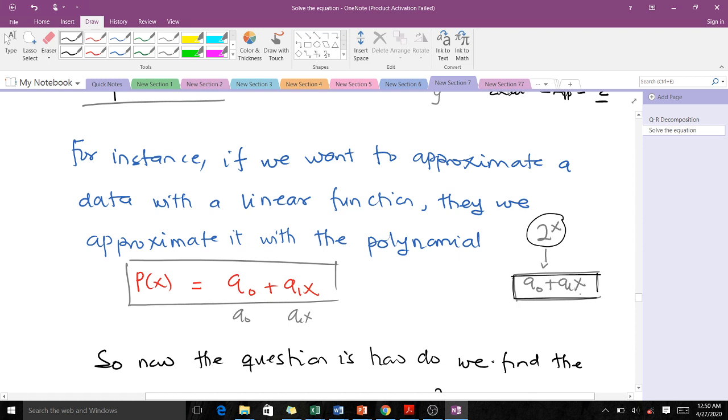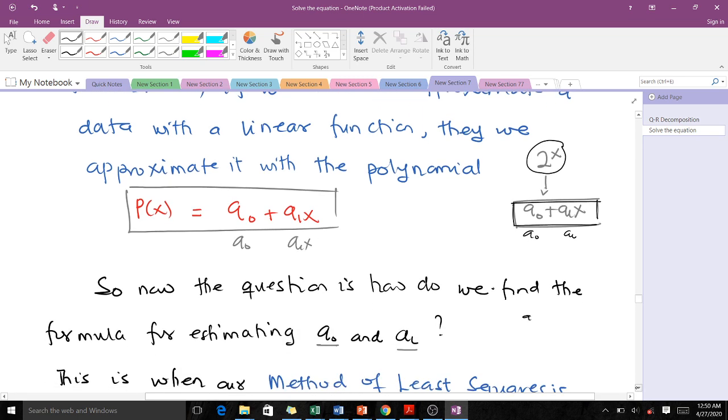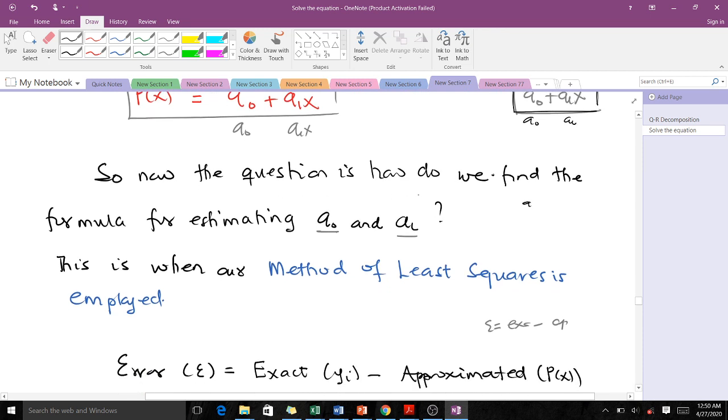So if you want to approximate this, then that means we need an a naught and an a1. So how do we find our a naught and our a1? That's the problem here. So now the question is, how do we find the formula for estimating a naught and a1? So this is when our method of least squares is employed.